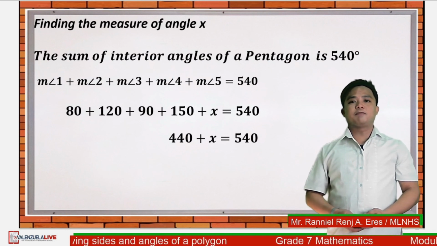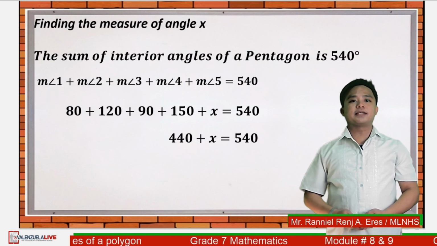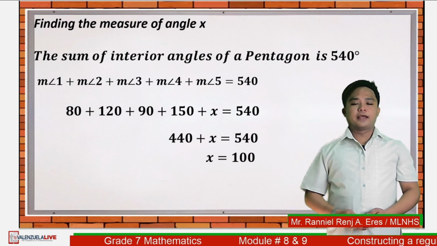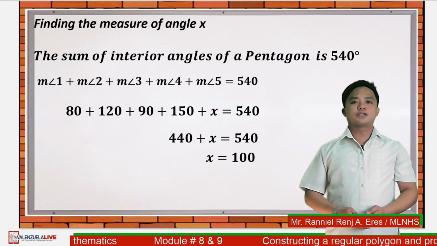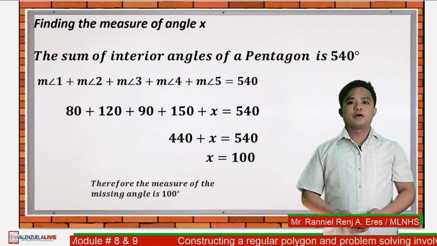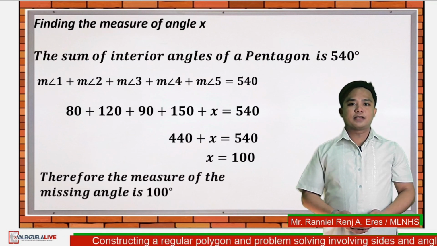And if we will simplify the left side of the equation, we have 440 plus x is equal to 540. And we will use addition property of equality. We will have the answer x is equal to 100. Therefore, the measure of the missing angle is 100 degrees.